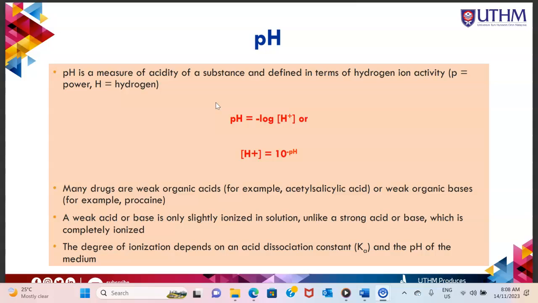And later on, when you have this information, it will give us the guidance of how to administer the drug, i.e., the suitable route of administration of your drug.